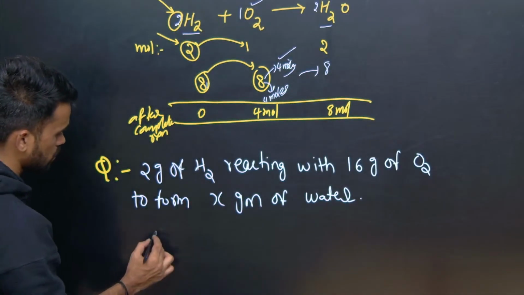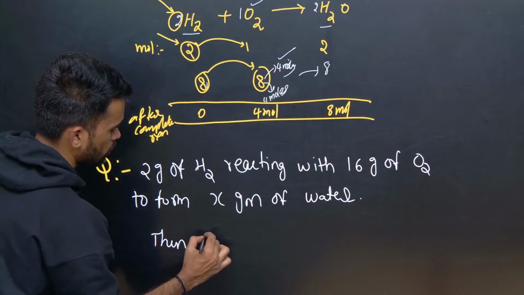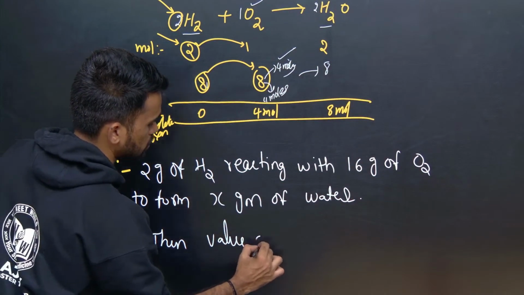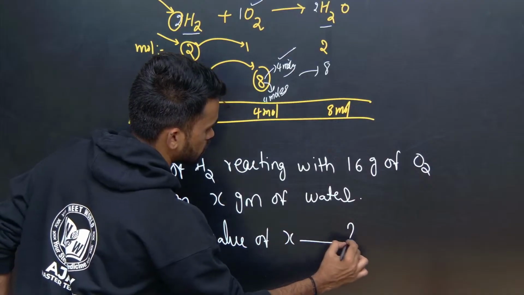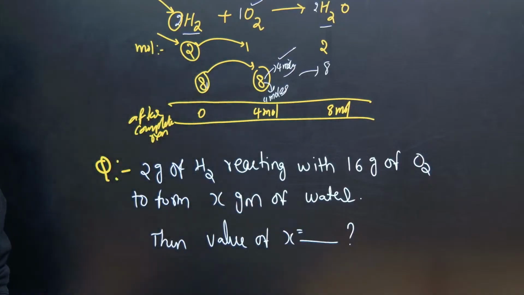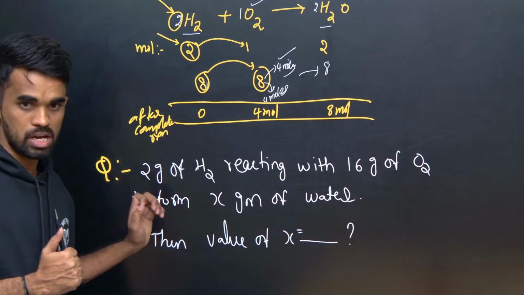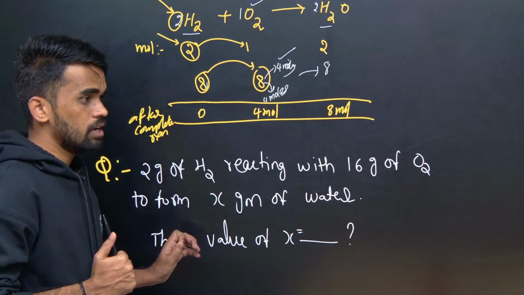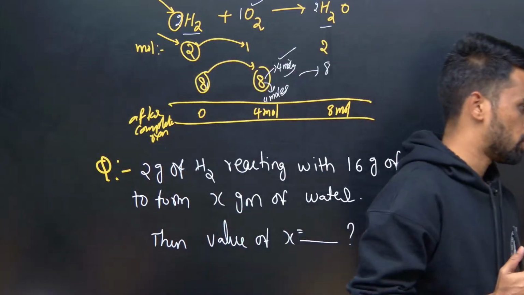Then value of X. Is that clear? Question is clear now? So just make this question, write in your books and tell me answer after the class. Or online students, you can write in the comment box if you know the answer.